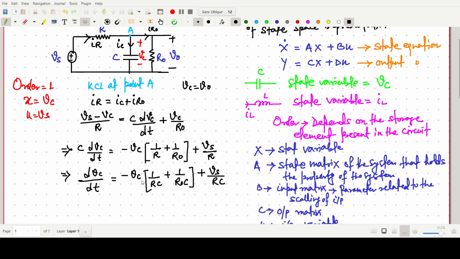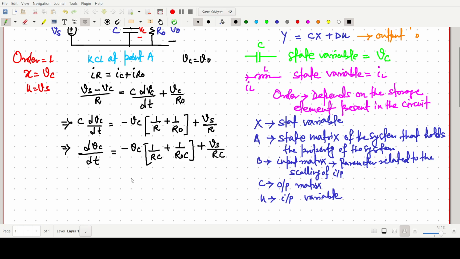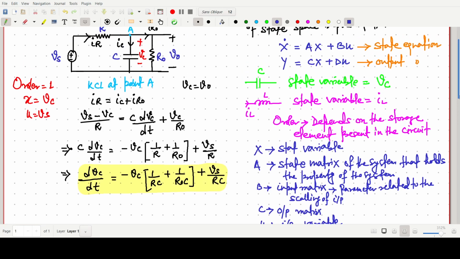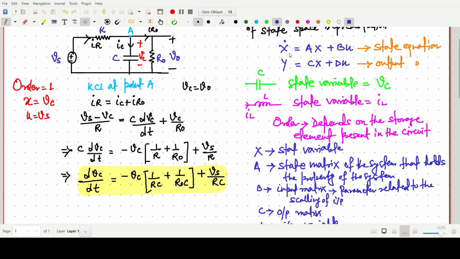After a simple calculation, what we observe is that this dVc by dt is our state equation, because we have to write in terms of x dot, the differentiation of the state variable. So this one is our x dot.